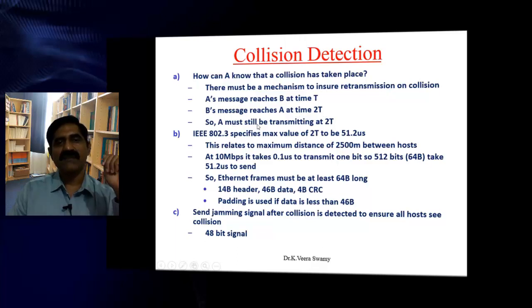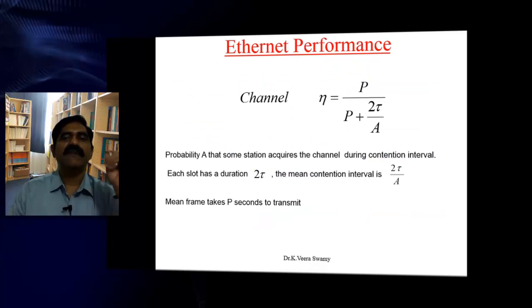So A must still be transmitting at 2t. So IEEE 802.3 specifies the maximum value of 2t to be 51.2 microseconds. That is the reason we multiply by 51.2 microseconds for our time slots, that is either 0, 1, 2, 3 like that. This is the idea of collision detection.